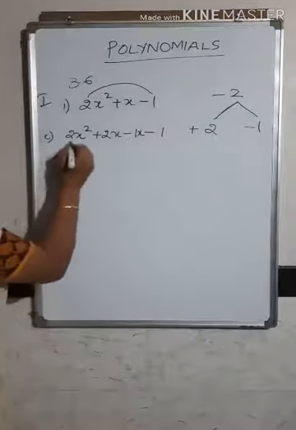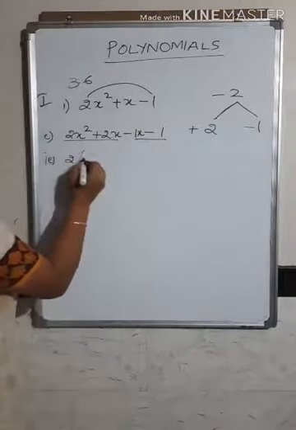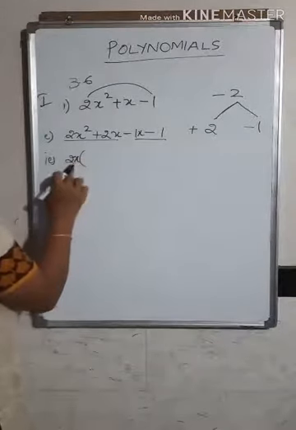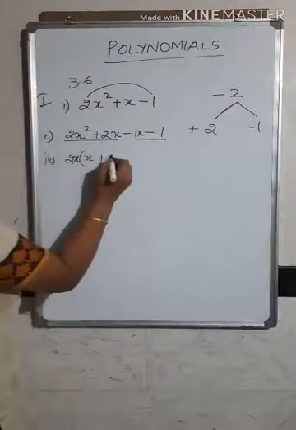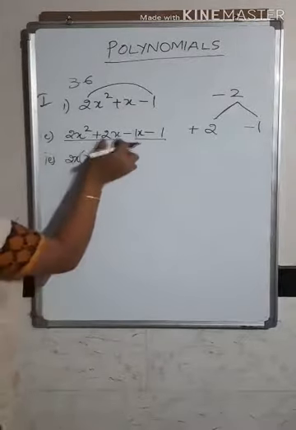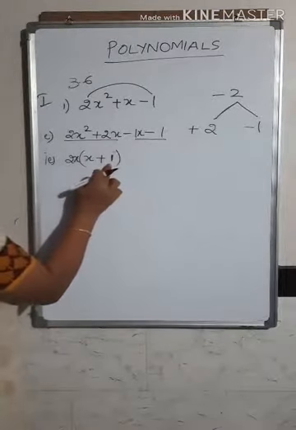Now grouping the first two terms and the last two terms, 2x is common. When you take out 2x as common, here you will be left with x plus, and here you will be left with 1. Because when the full thing is taken out as a common factor, in place of that you need to write 1.